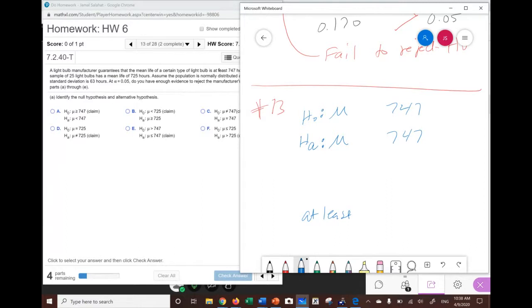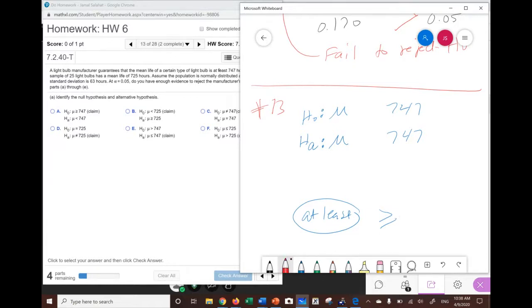But at least, like imagine you want to go ride at Cedar Point, or you want to go into a bar and the sign at the door says you must be at least. At least means greater than or equal. It's not just greater than. If it's equal, it's okay.